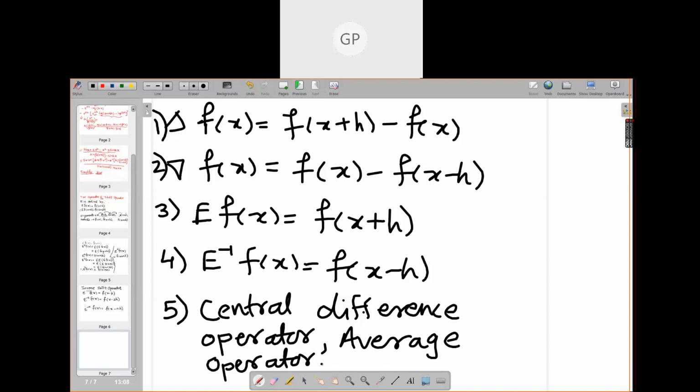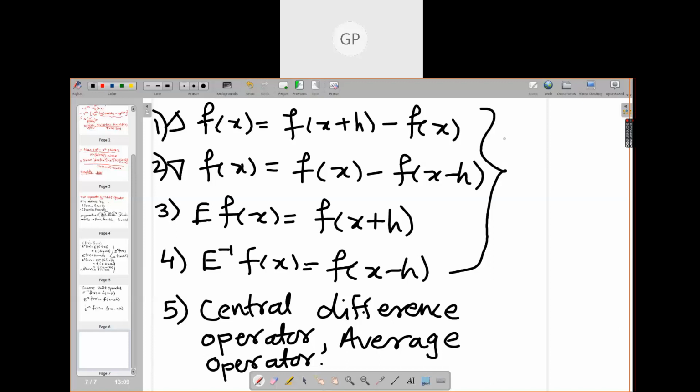We will not study any formula where the central difference and average operators are used. But these 4 we want to study thoroughly and see their applications also. So these 4 are very important for us.